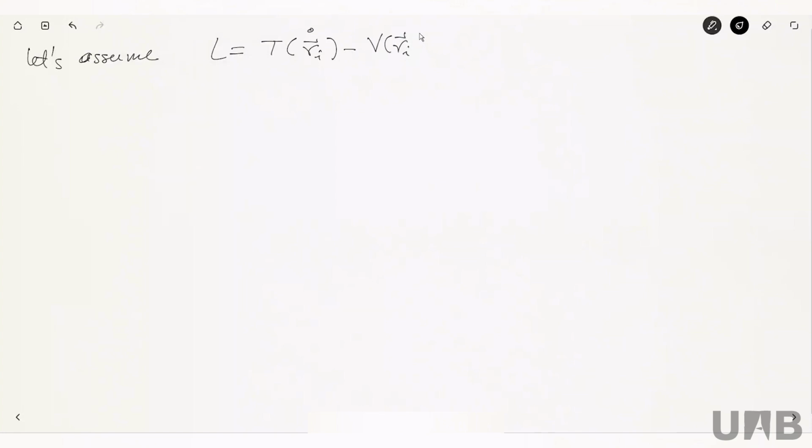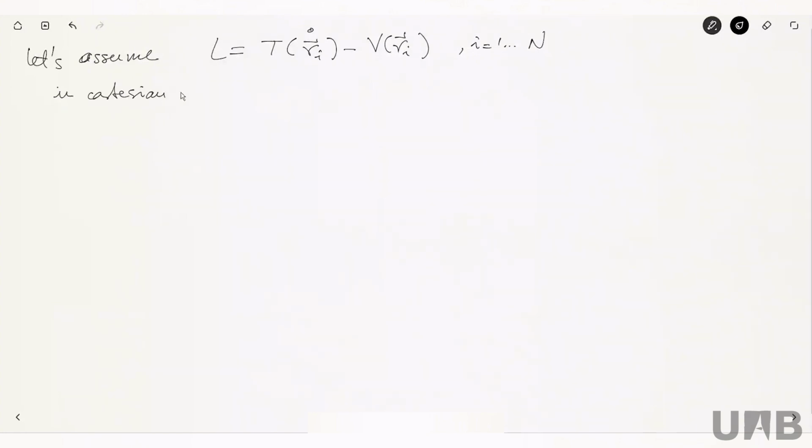Let's assume that we have a Lagrangian given by the kinetic energy, a function of the velocities, and a potential, which is a function of the positions, for i from 1 up to capital N. So I have a system of n particles in Cartesian coordinates.